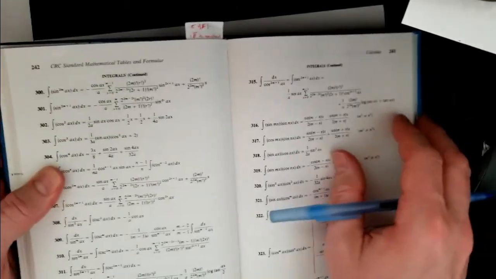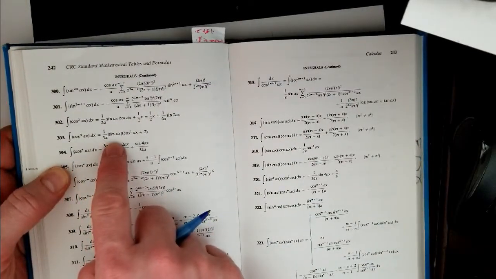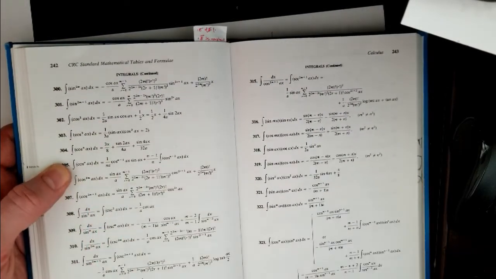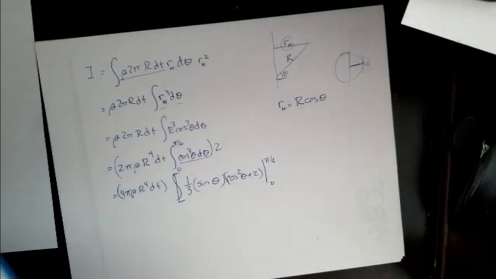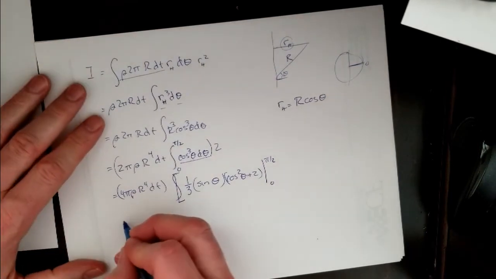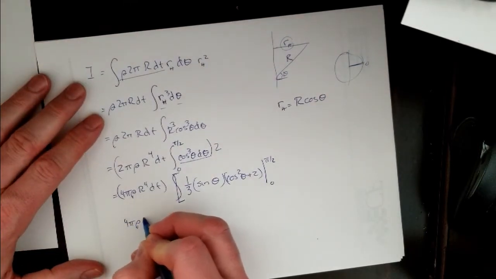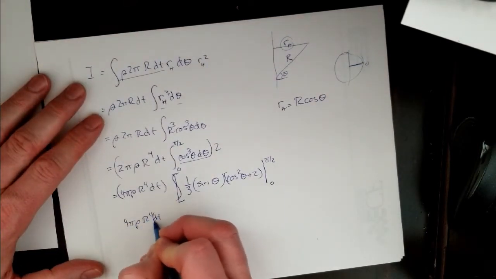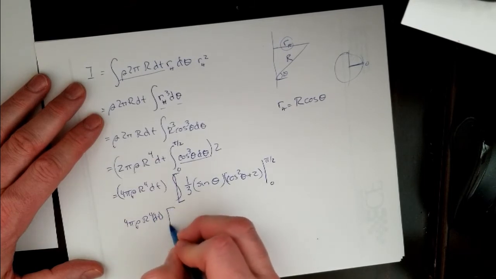And again, looking back over here, here's the formula. And that is how the physicists do it. You look it up. And so now we're left with 4 pi rho R to the 4th dt. That is just, again, my thickness. And then we plug things in.